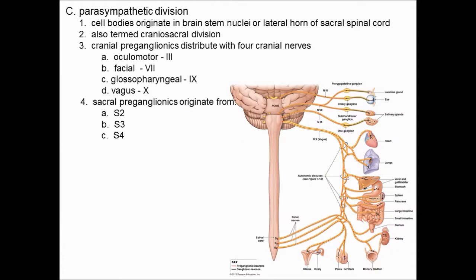I'm going to go back before I leave this subject to one slide. Just wanted to point out there's three major peripheral ganglia in the sympathetic system. There's the celiac, the superior mesenteric, and the inferior mesenteric. Those are the three major ganglia, and actually there's no other ones that's significant at all.